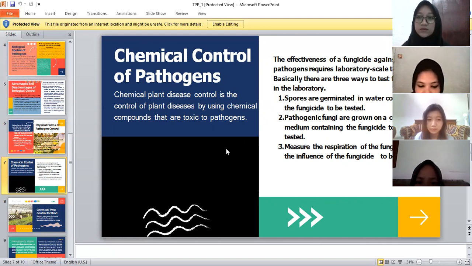Spores are germinated in water containing the fungicide to be tested. 2. Fungi are grown on a culture medium containing the fungicide to be tested. 3. Measure the respiration of the fungus under the influence of the fungicide to be tested.